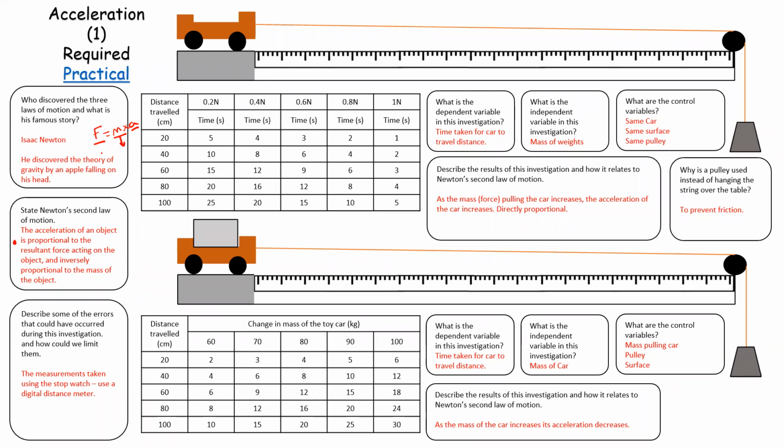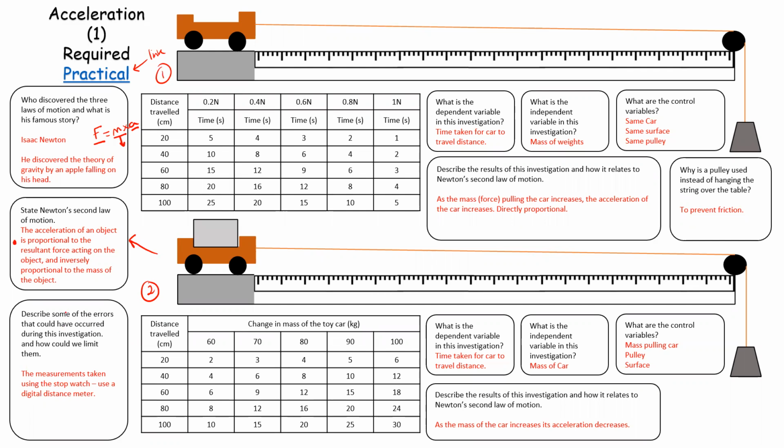But these practicals here, again, I have a link for you to watch the practicals. It measures how force changes the acceleration, and this is number one, and then how mass changes. So they're looking at this statement here, comparing those.